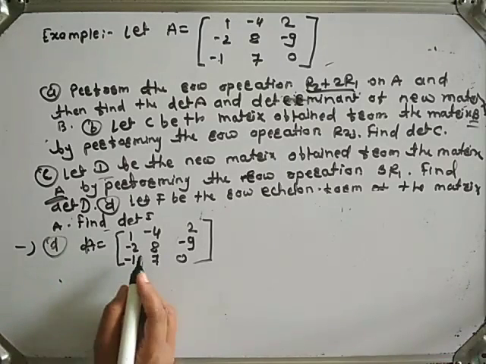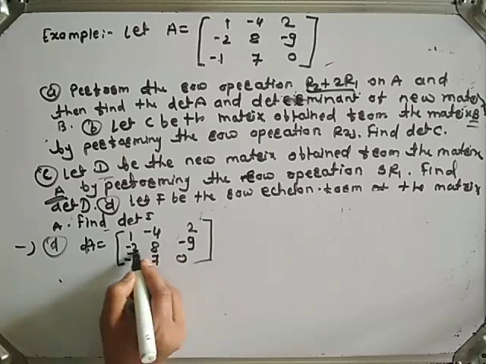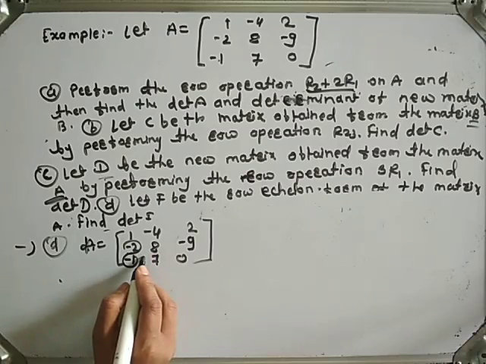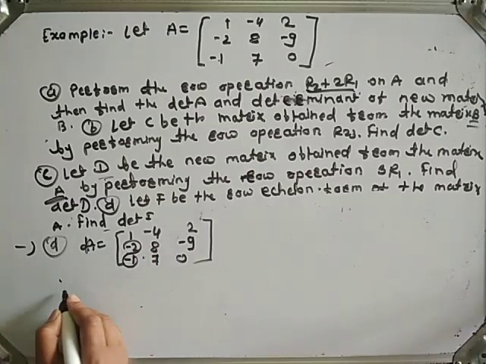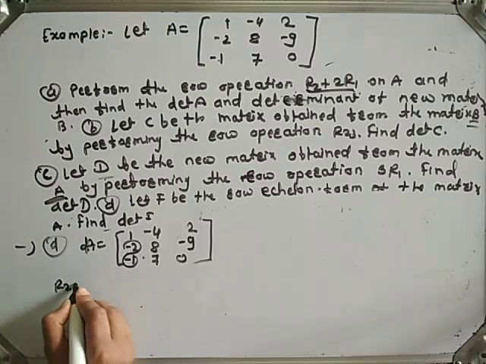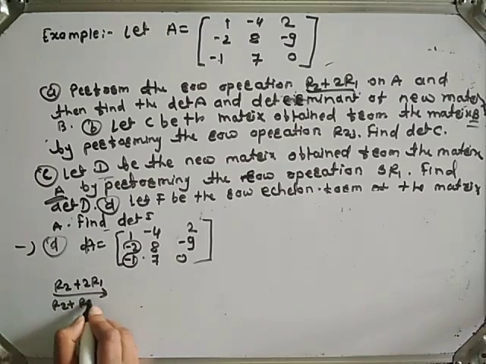Students, for row echelon form we require zeros here, so we perform the row operations R2 plus 2R1 and R3 plus R1.